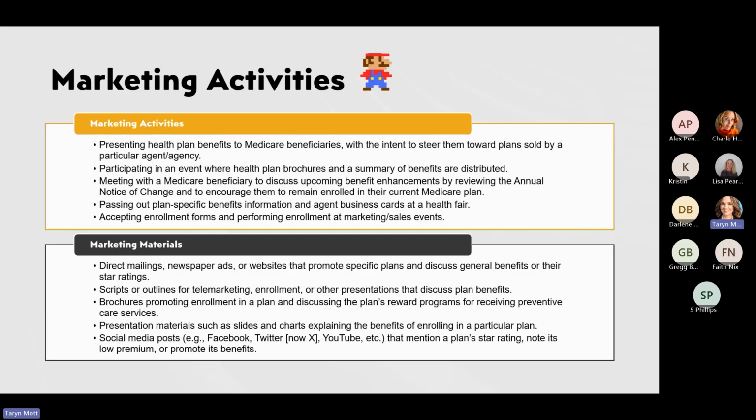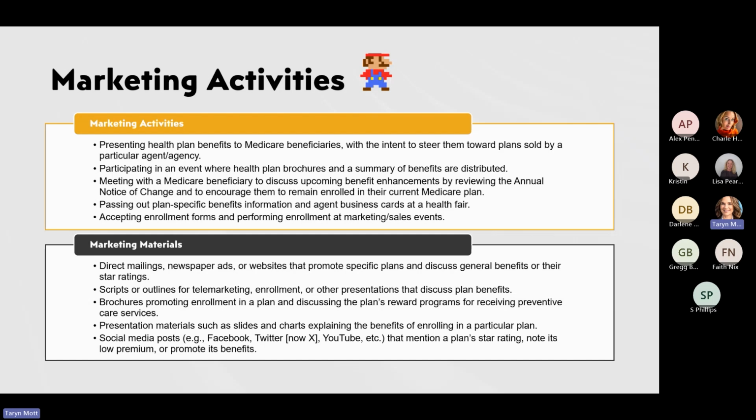Marketing activities: presenting health plan benefits to Medicare beneficiaries with intent to steer them towards plans sold by a particular agent or agency. Participating in an event where health plan brochures and a summary of benefits are distributed. Meeting with the Medicare beneficiary to discuss upcoming benefit enhancements by reviewing the annual notice of change, known as ANOC, and to encourage them to remain enrolled in their current Medicare plan.